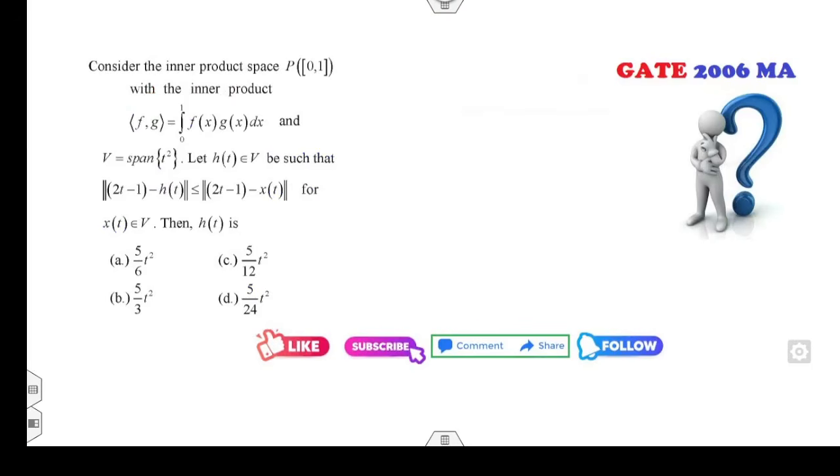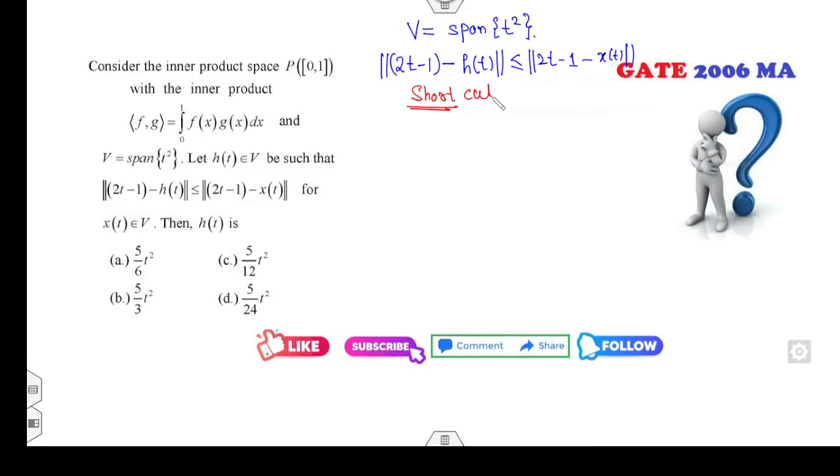Let's look at the next one. Consider the inner product space with the inner product of f and g. V is the span of t square. Find the h such that the norm of 2t minus 1 minus h(t) is less than or equal to the norm of 2t minus 1 minus x(t). Very simple. Firstly, I will tell you the shortcut trick.